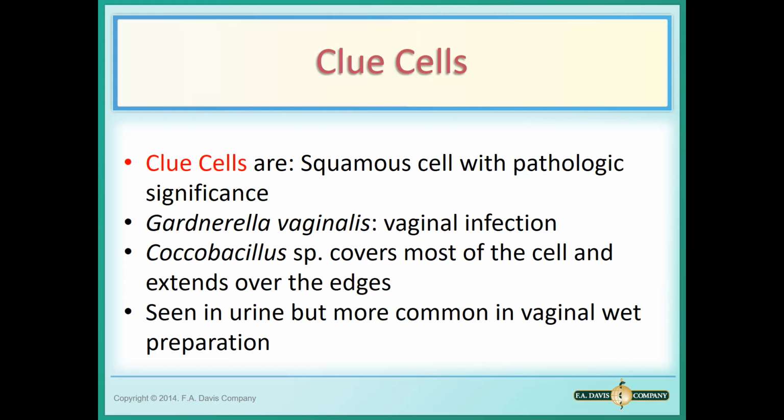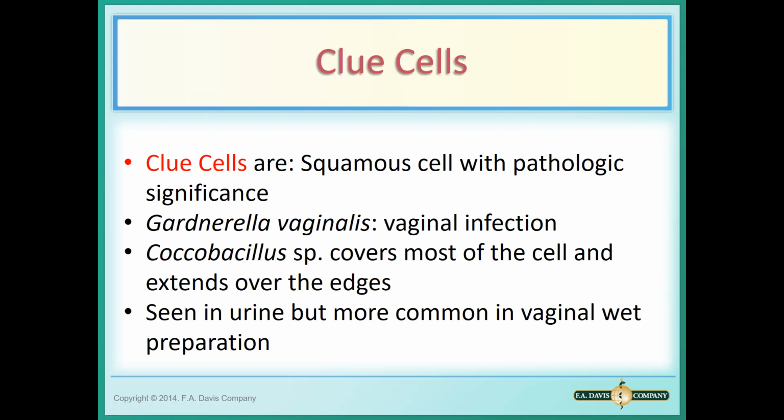Clue cells, I'm pointing this out to you. The only time that we really worry about identifying squamous cells as being something pathologic is when we see clue cells. All clue cells are squamous epithelial cells that are covered with a specific kind of bacteria that are coccobacillus in shape, and they are typically seen in an infection we call Gardnerella vaginalis.